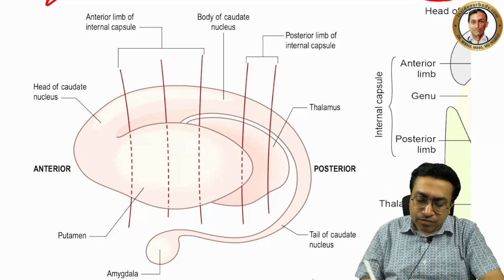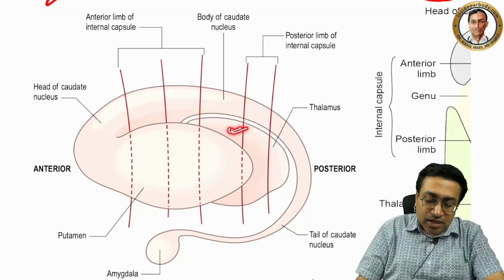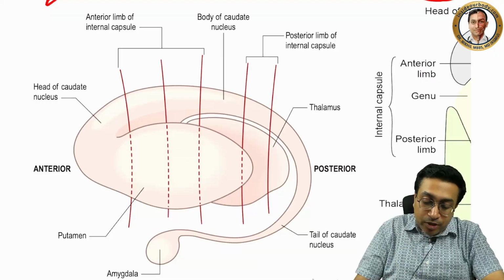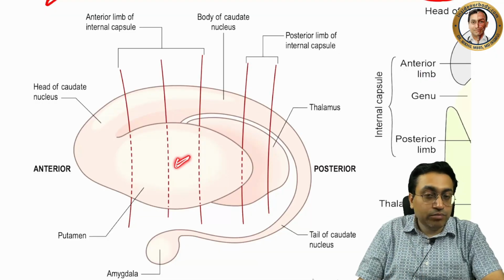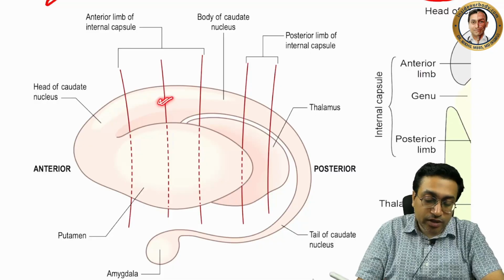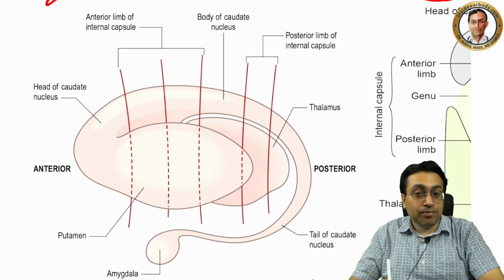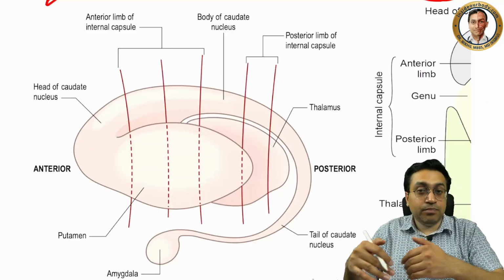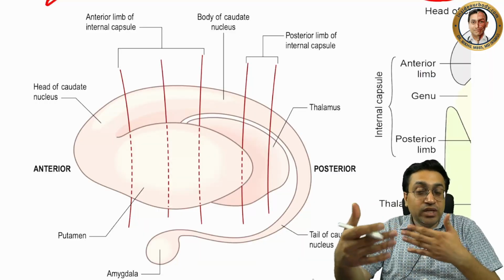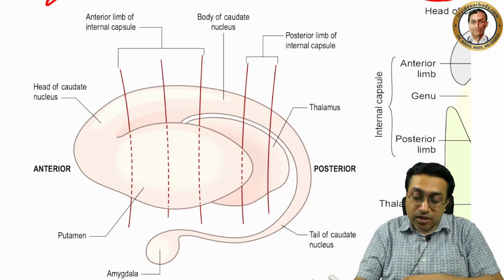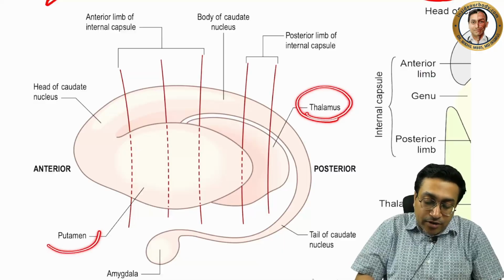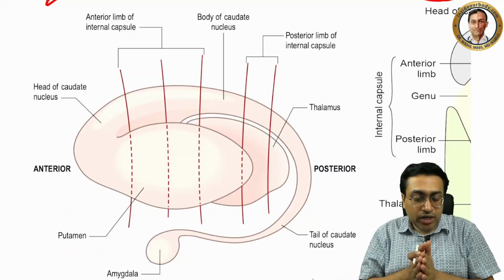Now see and appreciate, between the thalamus and the lentiform nucleus and the caudate nucleus, you can see intervening fibers of internal capsule. Dotted lines represent they are behind, sandwiched between the thalamus and the putamen, which is visible here.